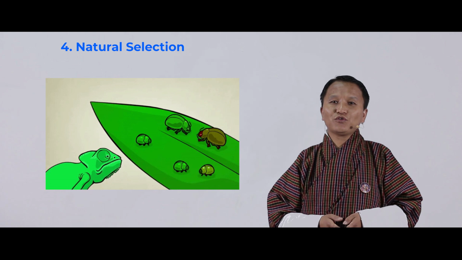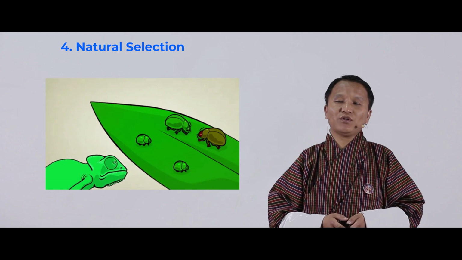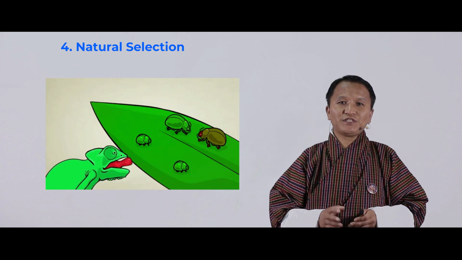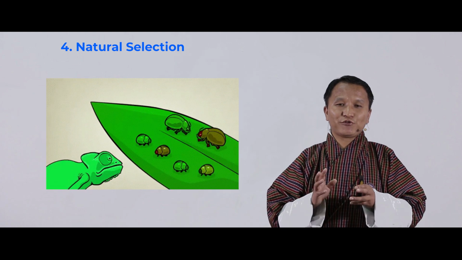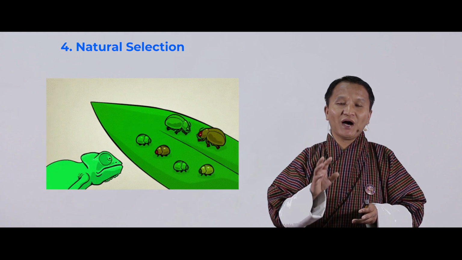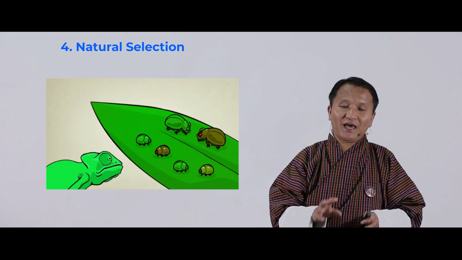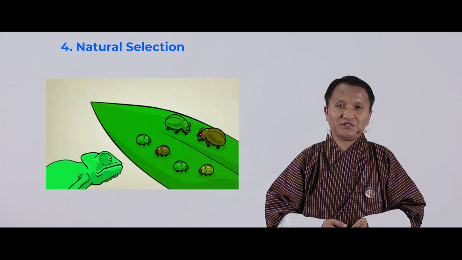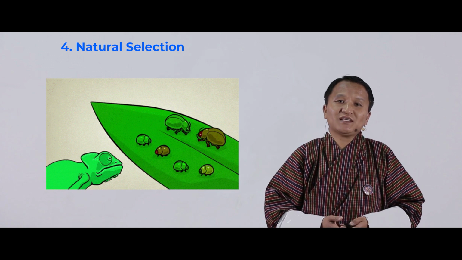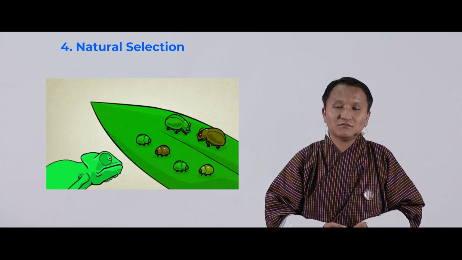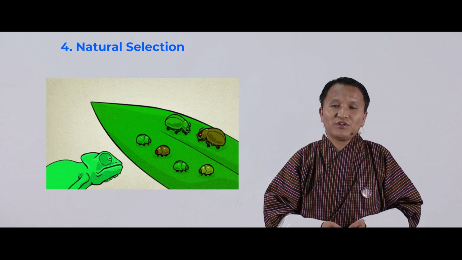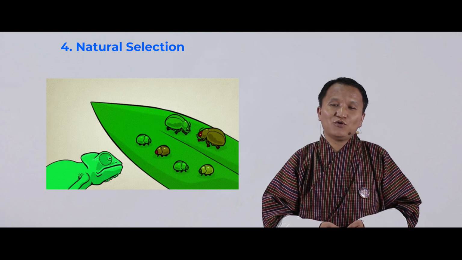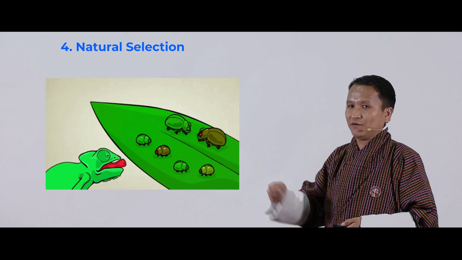So here you could see a chameleon feeding on the bugs. You could see two sets of bugs: the green bugs camouflaged by the green leaves and the brown bugs which could not be camouflaged. Now, which bugs do you think have better survival advantage? Can you think of the answer? I'm sure, actually the answer is already here.